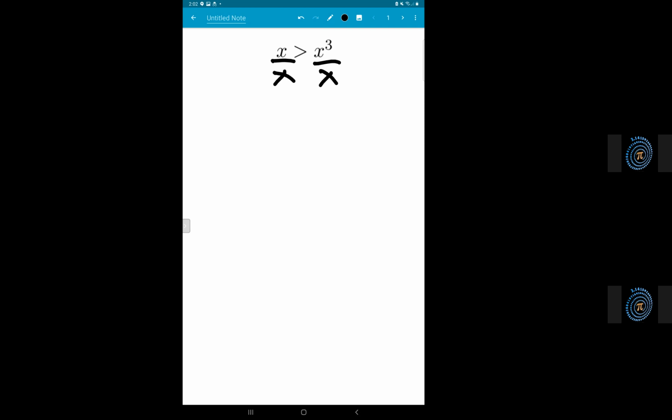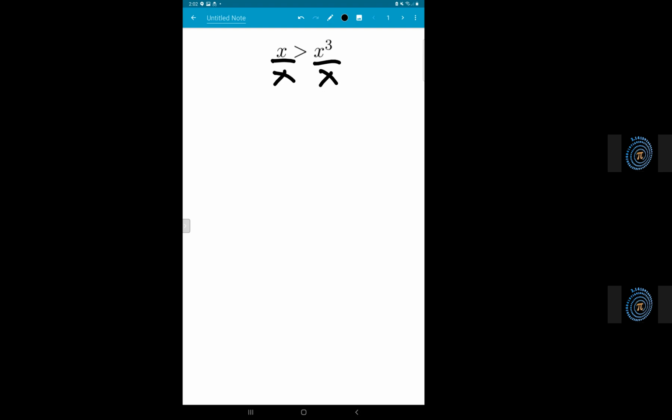You can only manipulate it by transposing, factoring, and adding. You can add, multiply, divide, subtract by a real number. You do not divide an inequality by any variable expression.